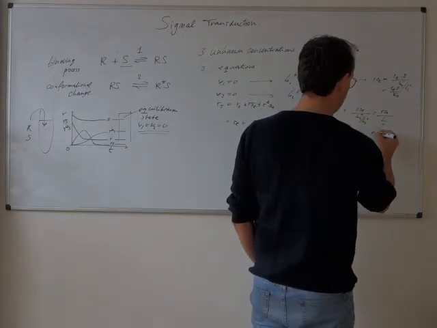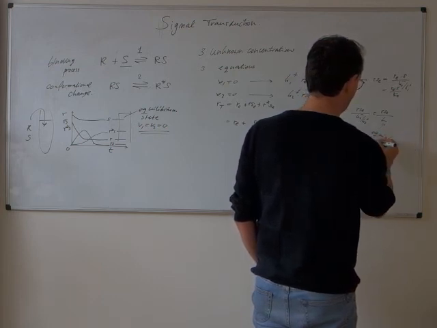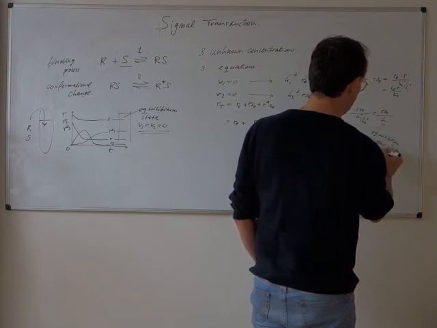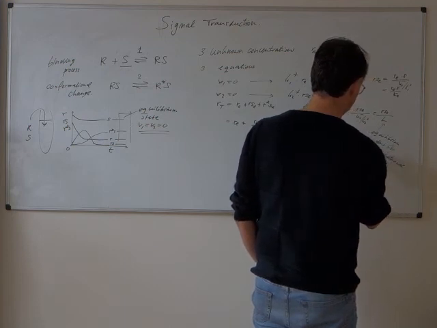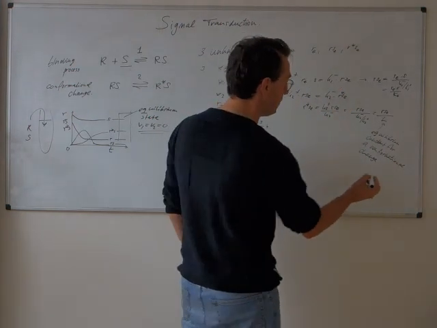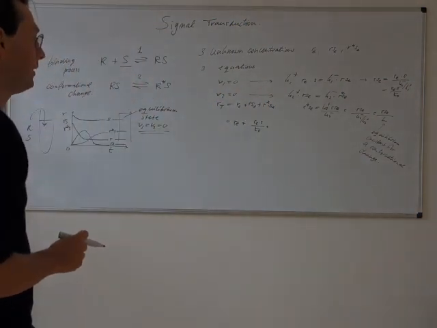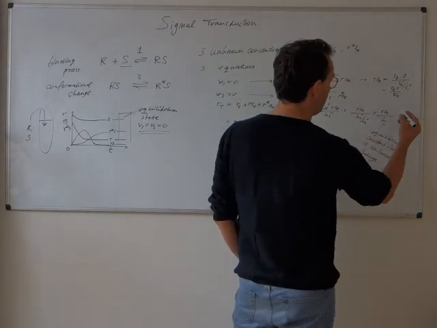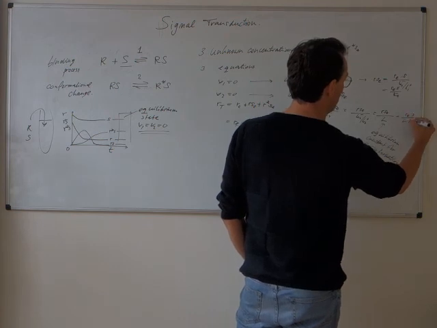So this is an equilibrium constant for a conformational change, and these are typically denoted by the letter L instead of the letter K, so that's why we're going to call them L. And now here we have RSE, we already had RSE, so this means we get this.